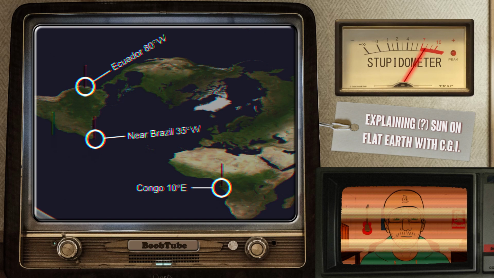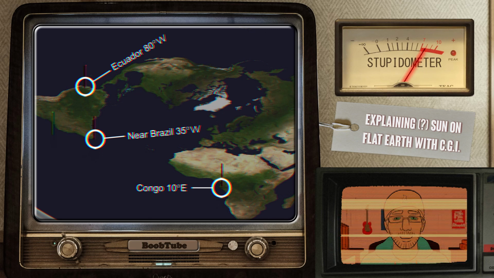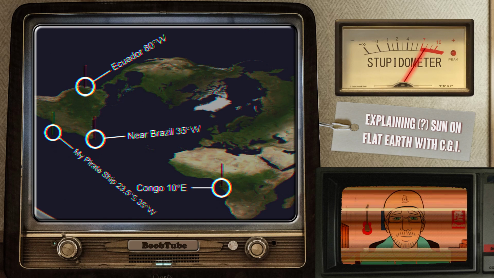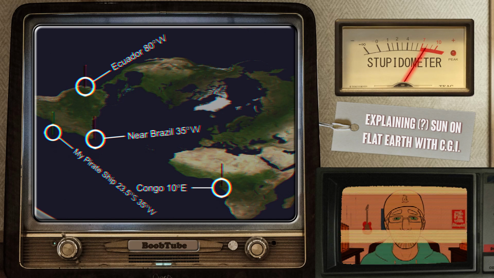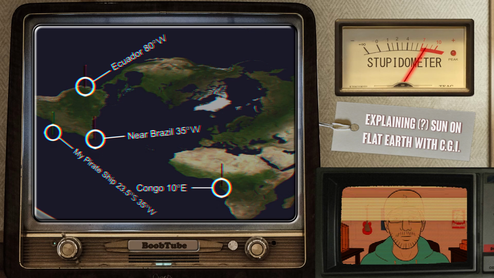Now, because I'm an ass and a gamer, one of the games I played a lot was Sid Meier's Pirates. I am the pirate lord, and as I sail towards Santa Cruz, my current location is south 23.5 degrees and west 35 degrees. I am at the Tropic of Capricorn.